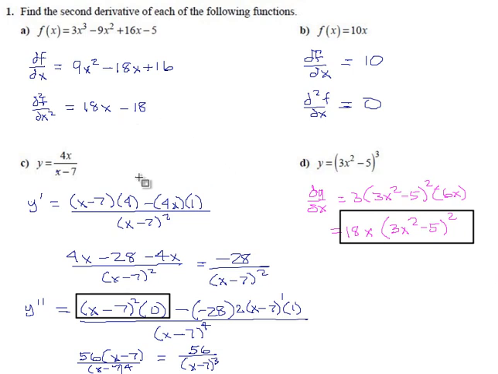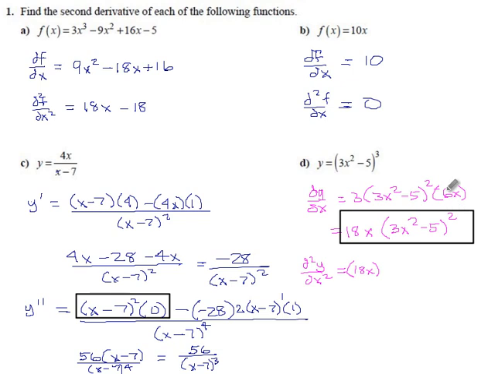Now we need a second derivative, and the second derivative, unfortunately, is a product because of how the first one looks. We've got 18x here times this other piece. So remember your product rule. First d second plus second d first. First part is 18x.